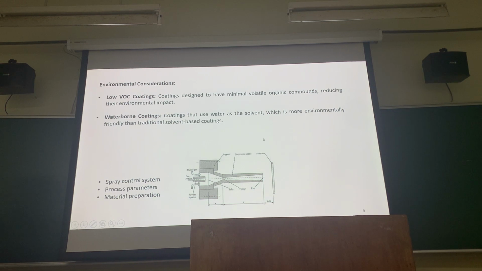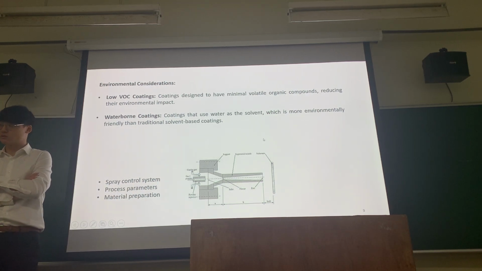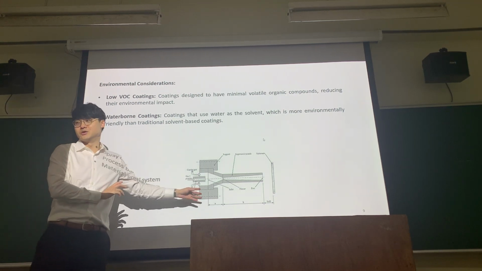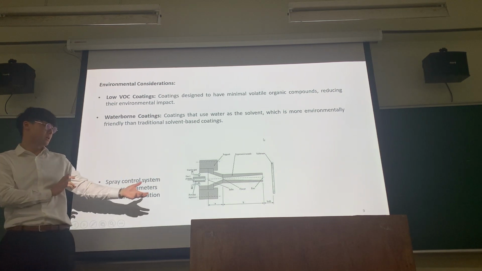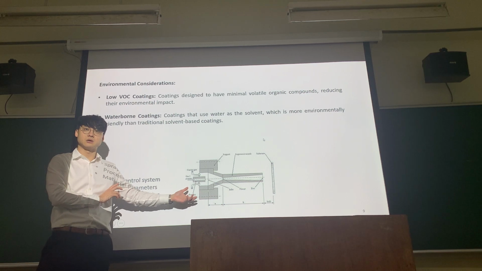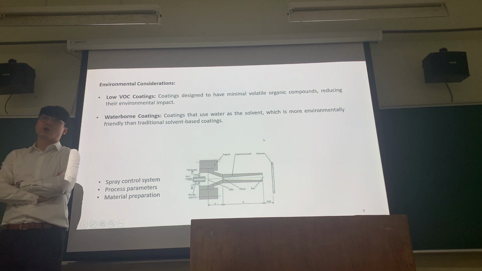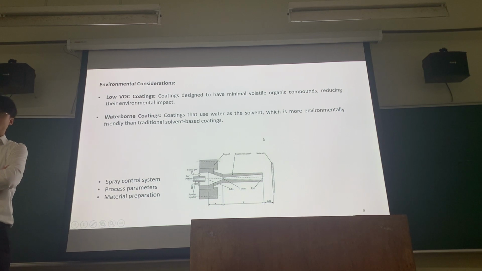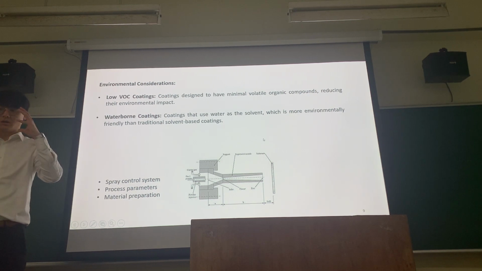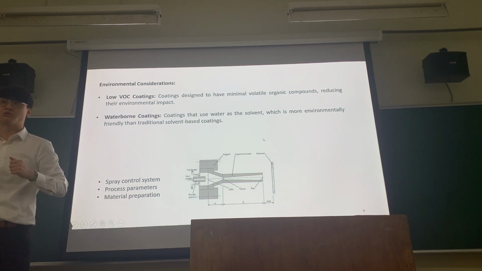Okay? So at the bottom here, we're getting into what this is a small version of. My apologies if this figure is too small, but this is a cross-section of a cold spray device. When we talk about spray systems, if you want to make a spray system, there are three key things you need to take care of.